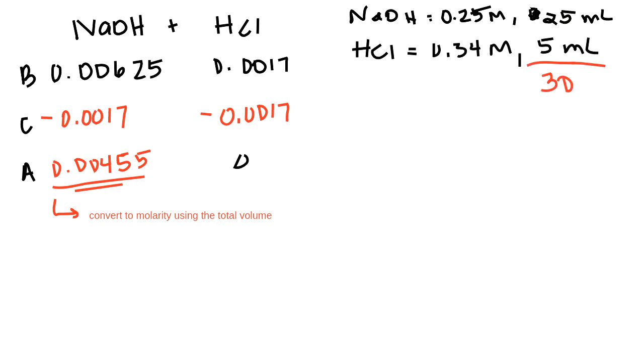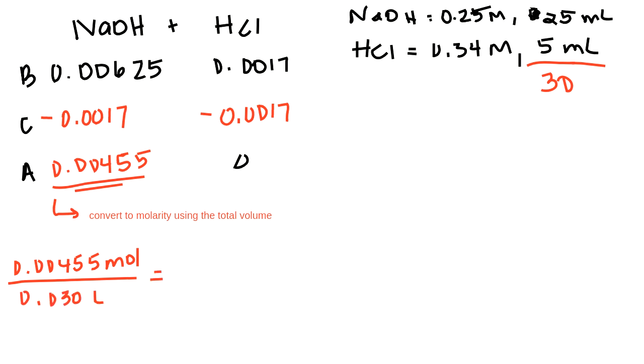So we have 0.00455 moles divided by 0.030 liters.